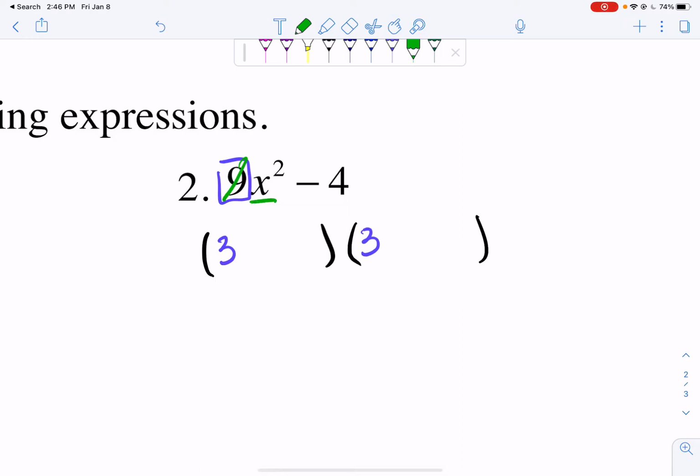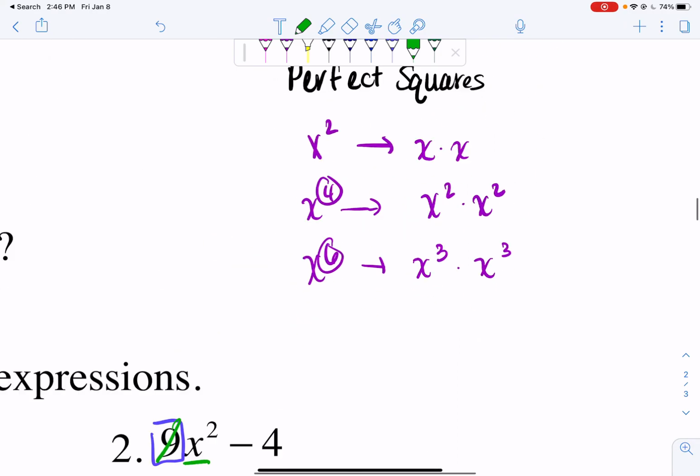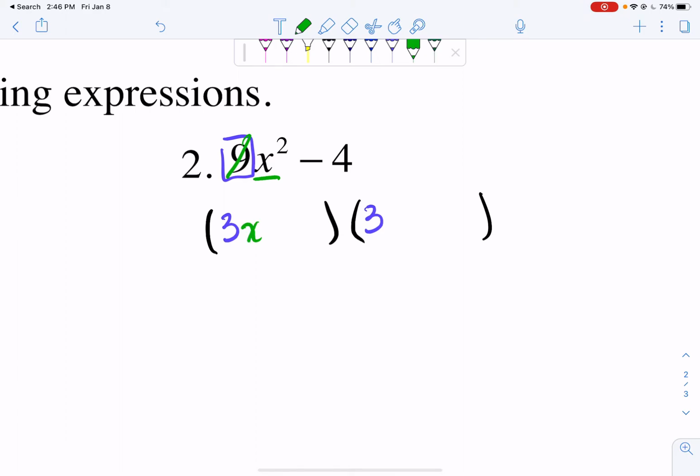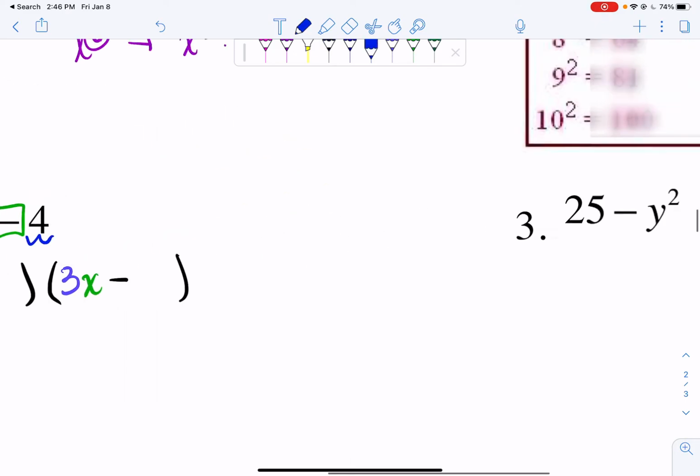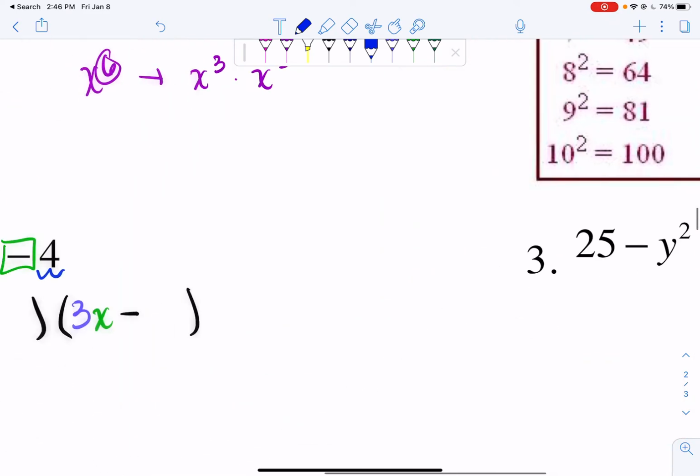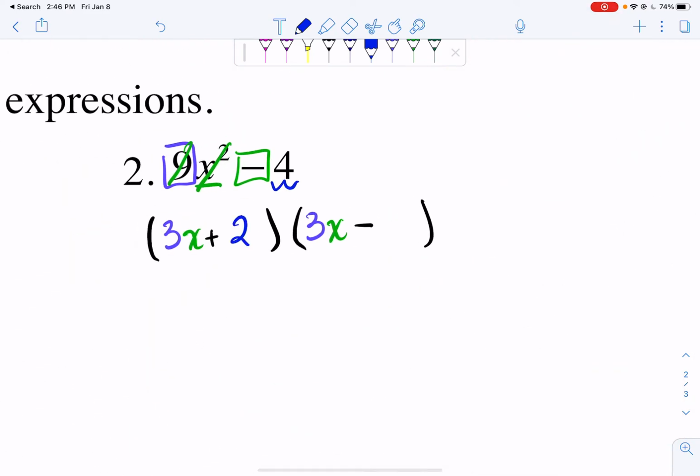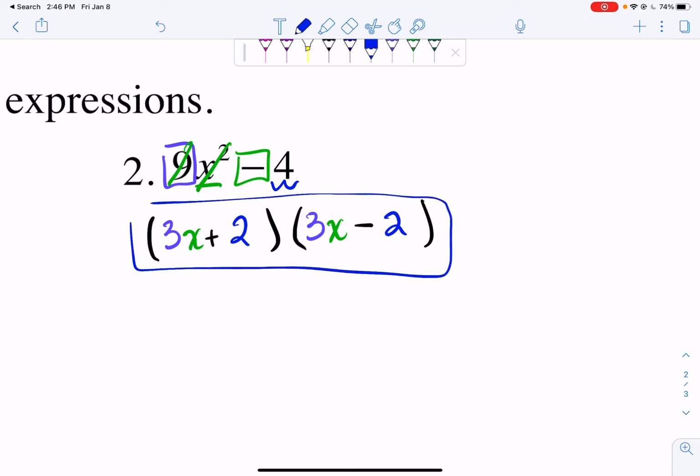Now, what makes x? Well, x and x. Done with my x. I've got a minus, so I'm going to do my plus minus. Now, I look at my 4. What makes a 4? 2 and 2. So I'm going to put a 2 and a 2. My final answer is 3x plus 2 times 3x minus 2.